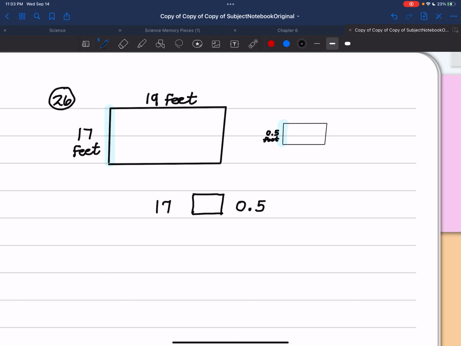And that tells me that I would be dividing by 34. 17 divided by 34 is 0.5. But remember, a scale factor is what you would multiply by.